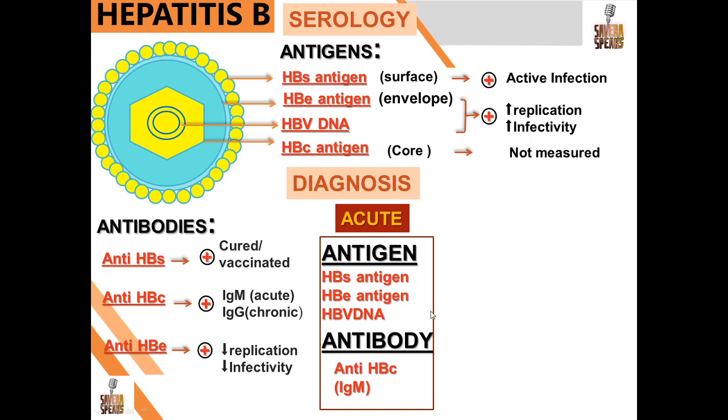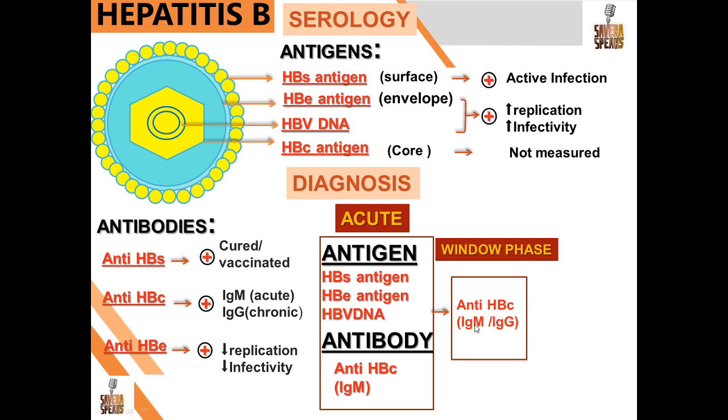After the acute stage, there is a period in which the concentration of these antigens is decreased to such a level that is not even detectable, and we call this period a window phase. During this phase, only anti-HBc IgM or IgG is detectable. IgM is later on replaced by IgG. Otherwise, mainly IgM anti-HBc is detectable during the window phase.